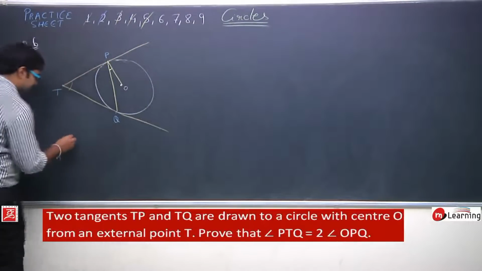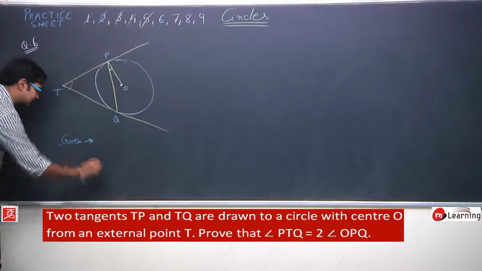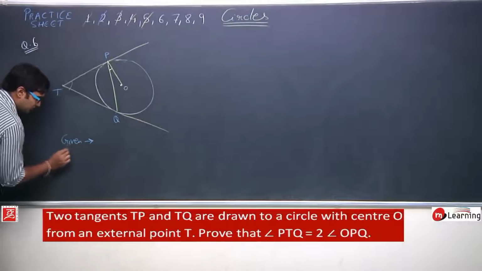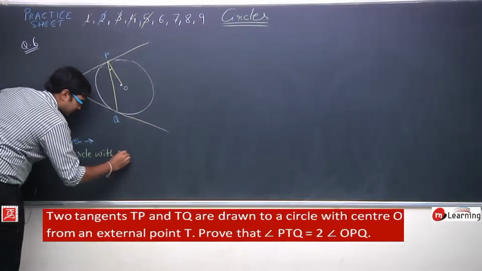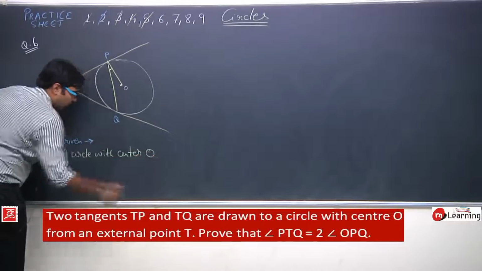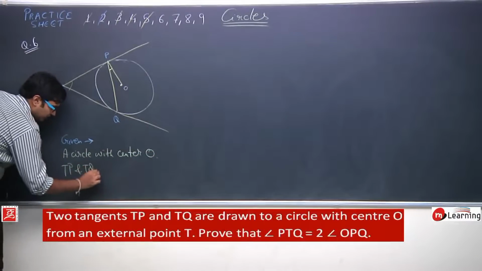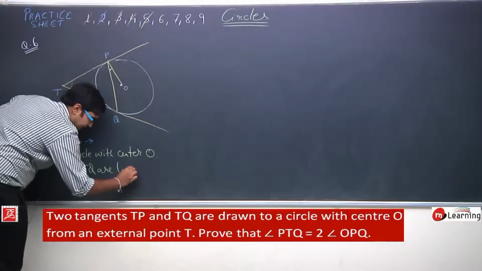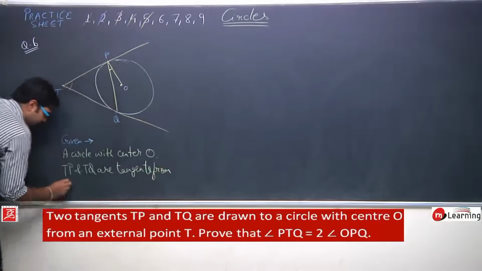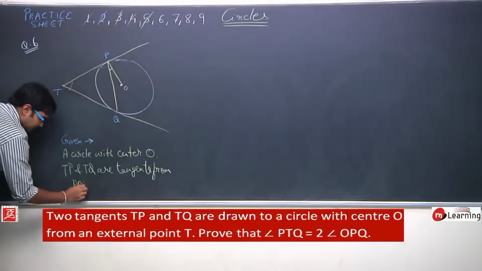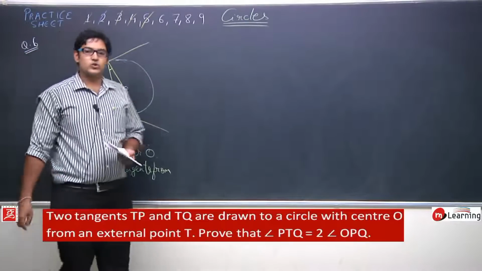The given condition is, what is given in this question? The given conditions are: a circle with center O, then TP and TQ are tangents from point T. There is a point T from which we have drawn two tangents.